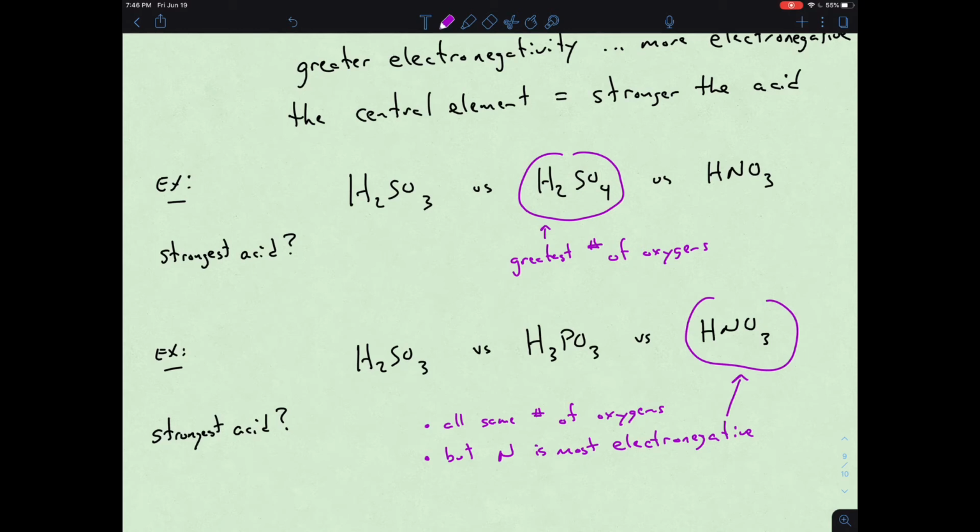And that's looking at relative strength of strong acids.